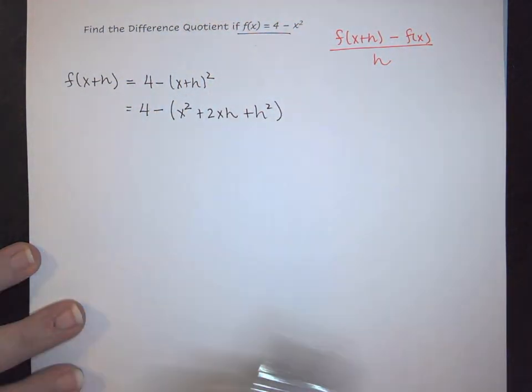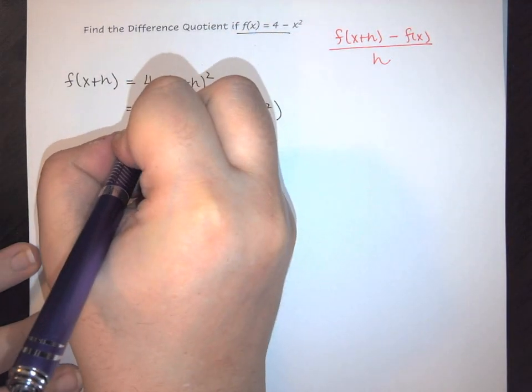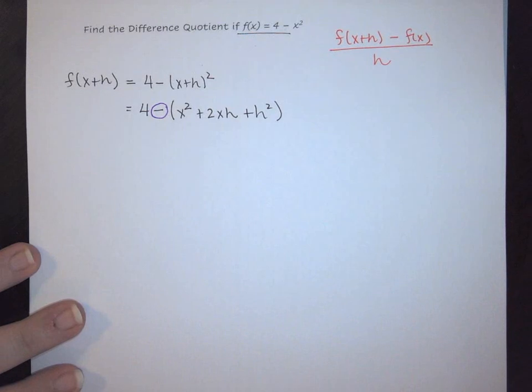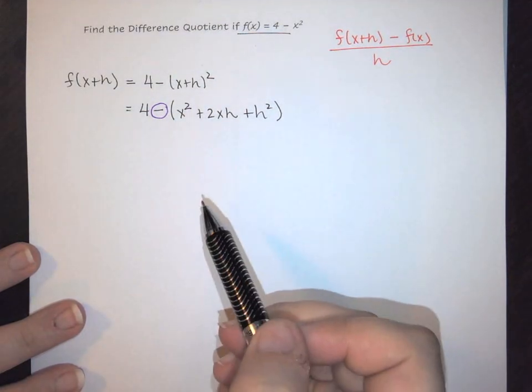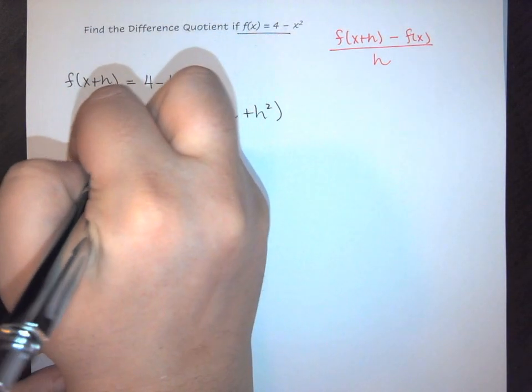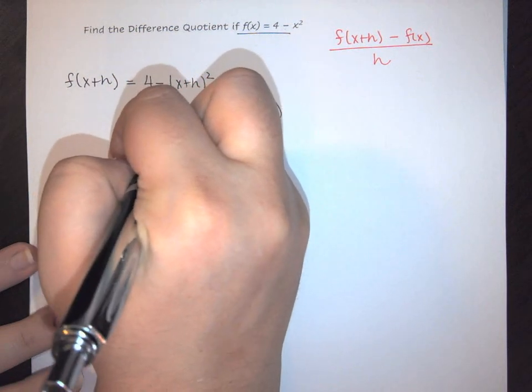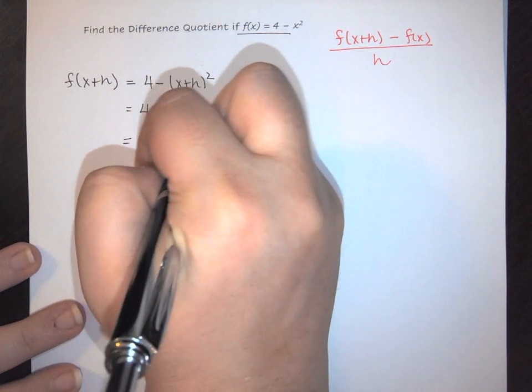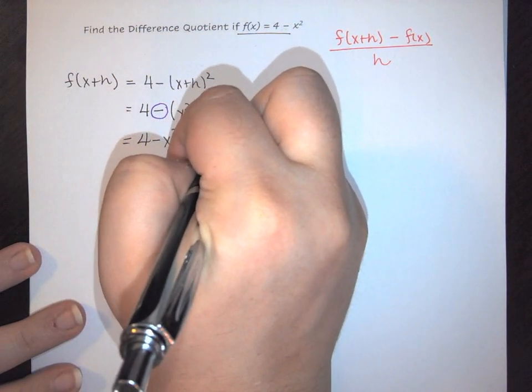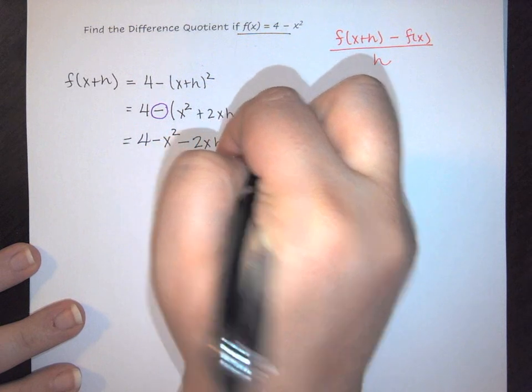We have to distribute the negative. This is the piece that gets distributed through that parentheses, essentially changing all of our signs. And so this is going to become 4 minus x squared minus 2xh minus h squared.